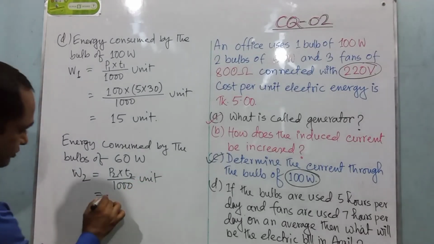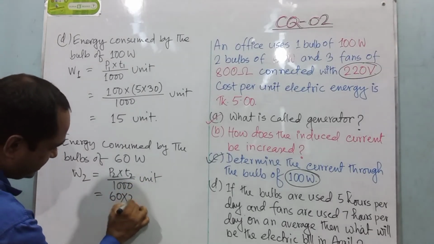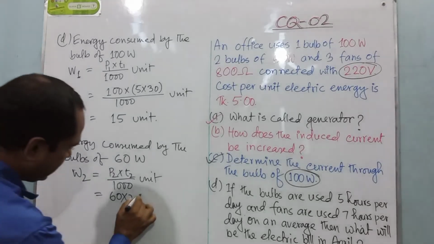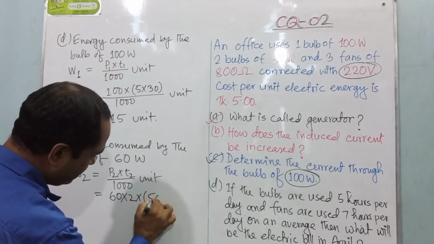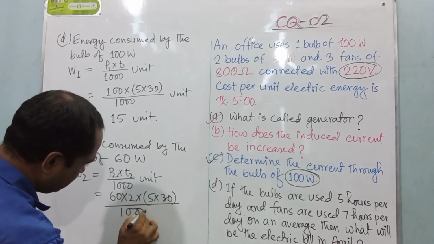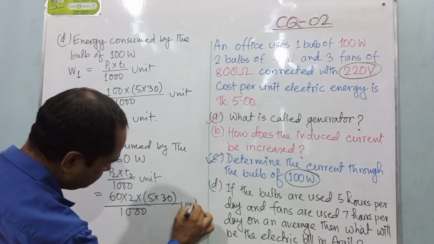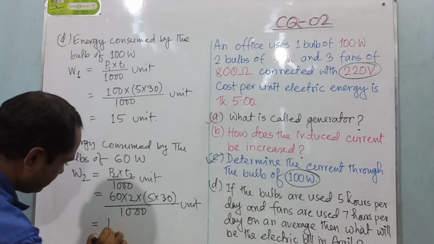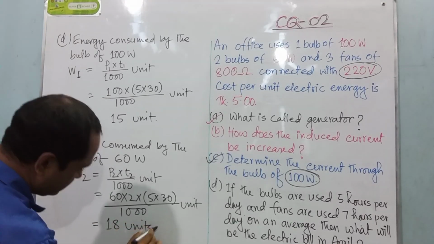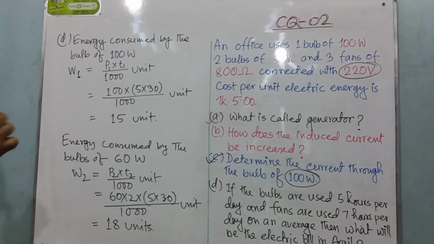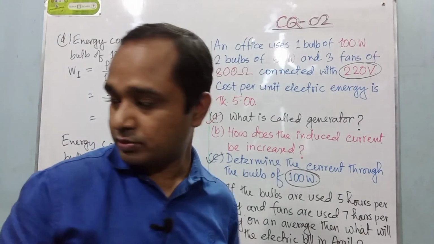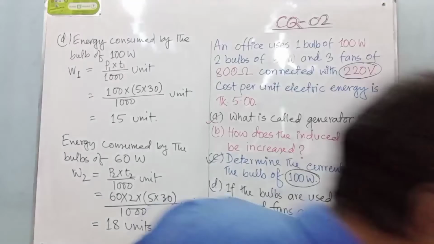Here P2 means 60 multiplied by 2 because they are using two bulbs of 60 watt, and T2 means 5 multiplied by 30, divided by 1000 unit. So after the calculation we will get 18 units, right?